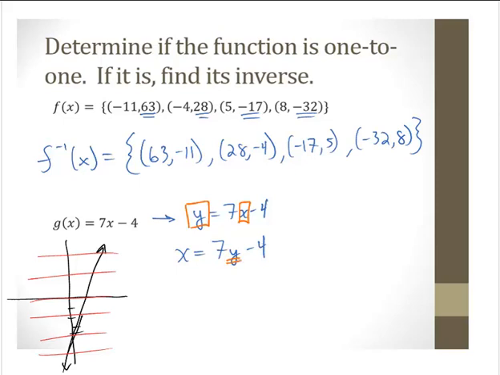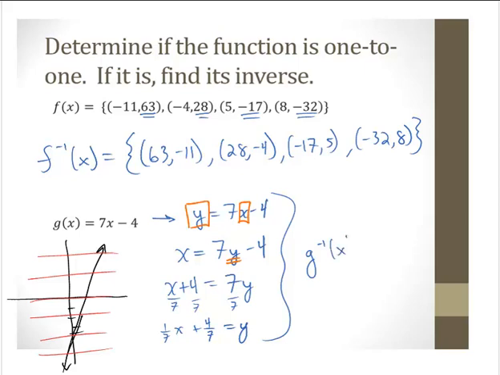So I will add 4 to both sides. x plus 4 equals 7y. And I'll divide through by 7. So then 1/7 x plus 4/7 is y. I've isolated the y, and so now I will rewrite this using inverse notation. I'll replace the y with g inverse of x. g inverse of x is 1/7 x plus 4/7.